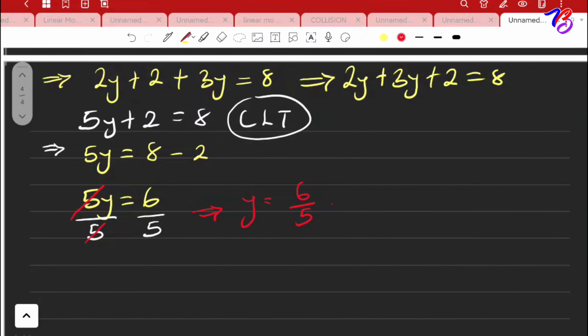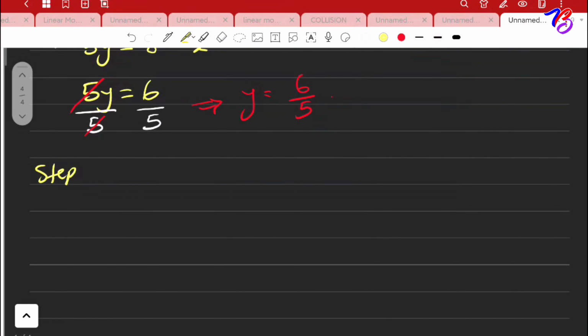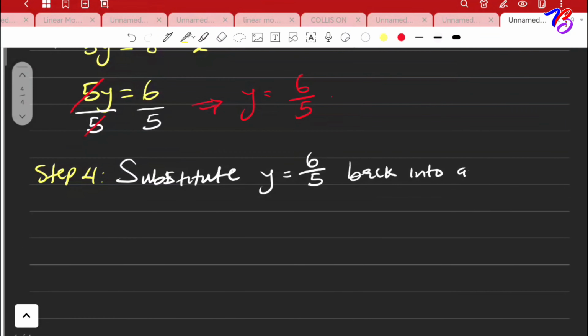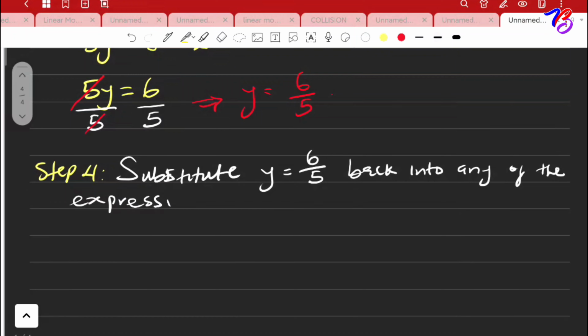Take note of these. So we're going to substitute y is equal to 6 over 5 in the new equation. Which of the equations can we use now? Back into any of the original two equations.